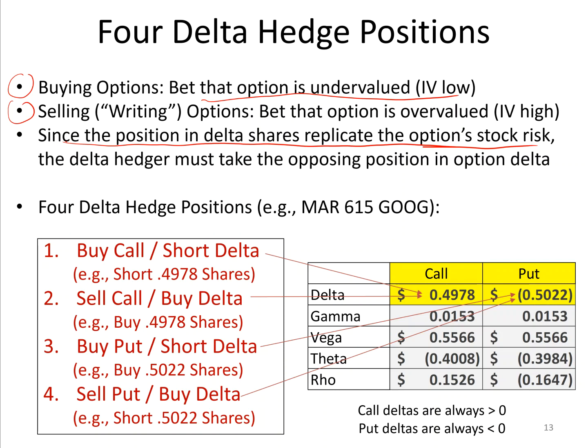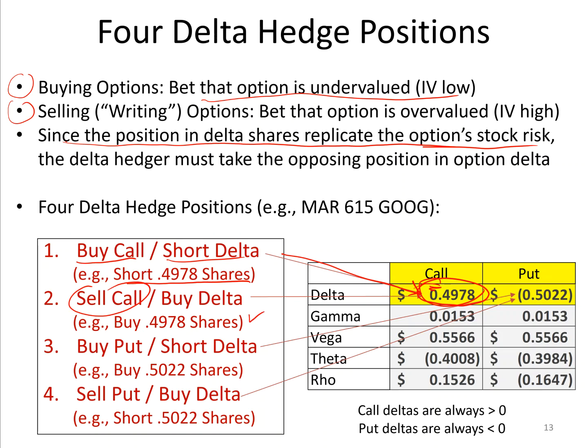Now let's go through the 4 positions. If I were to buy the call, the delta for this call is about 50 cents. I would short this delta. What that means is I change the sign of it, and I would wind up short selling 0.4978 shares. Now, if I were to sell the call, I would have to replicate that by buying the delta, or buying 0.4978 shares.